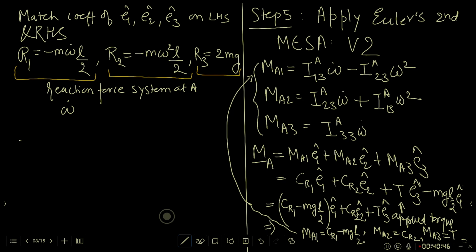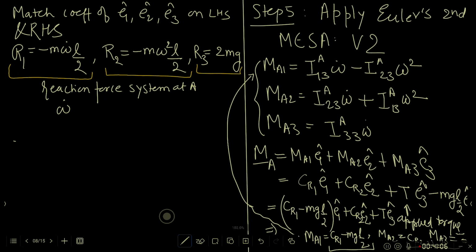So M_A1 is C R1 minus mg L by 2, M_A2 is C R2, and M_A3 is T. Okay, so I have found the expressions for the left hand side. Now let's go to the right hand side of this. The right hand side requires us to find some inertia components. How many of them?